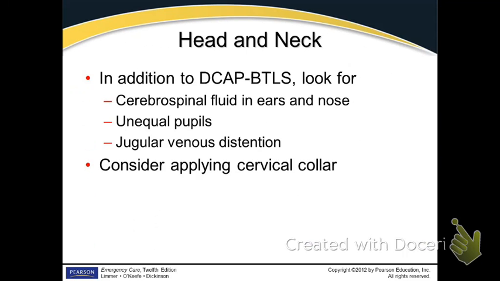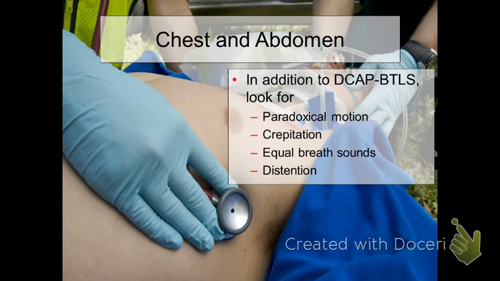Head to toe, we already talked about that. Auscultate lung sounds, look for crepitus. Paradoxal motion, what's paradoxal mean? Like paradox in English? Well, this says paradoxal motion, but it's probably the same word.